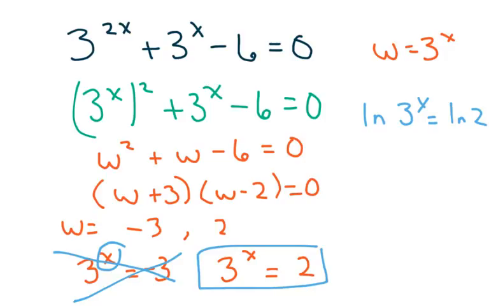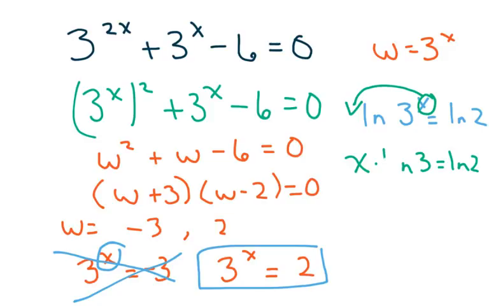When I solve for x, the reason I'm taking the ln of both sides is I just want to use my power property, which I consider the most important property. So I'm going to bring x here, and we get x times ln of 3 equals ln of 2.